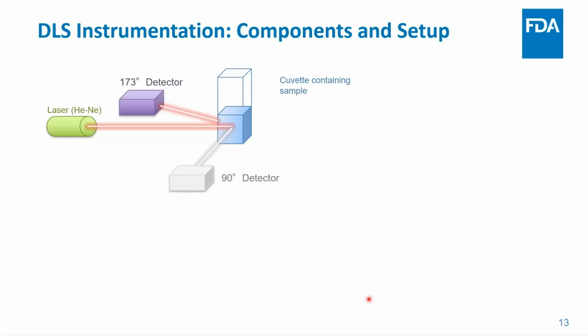It's similar to a fluorescence detector. A lot of the new systems always come with a backscattering detector, usually somewhere in the 170s region. And as we'll see, this is actually kind of important for measuring some things like higher concentrations, et cetera.